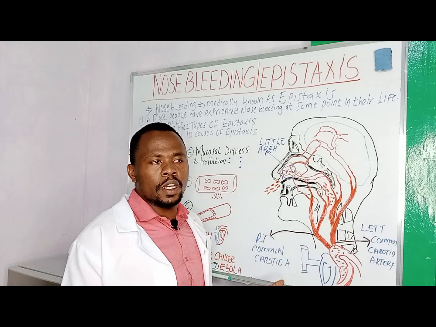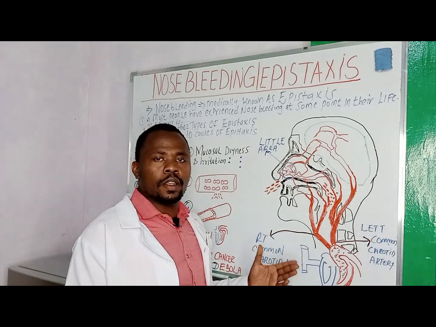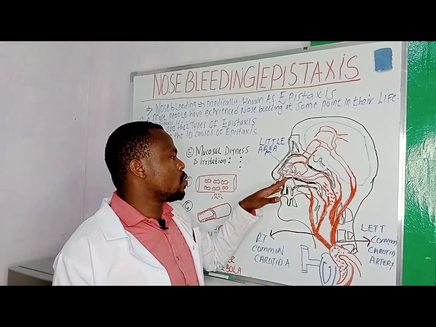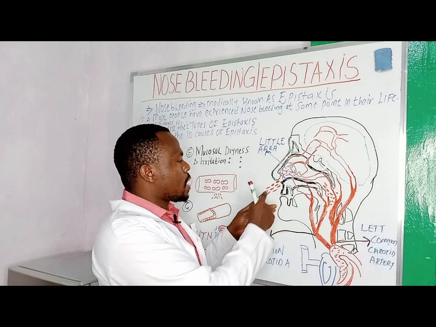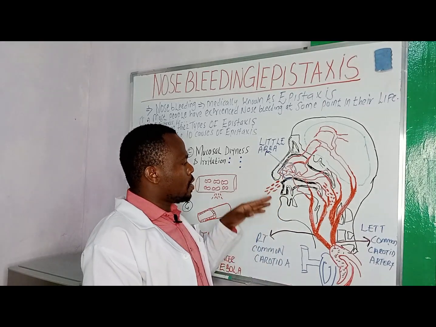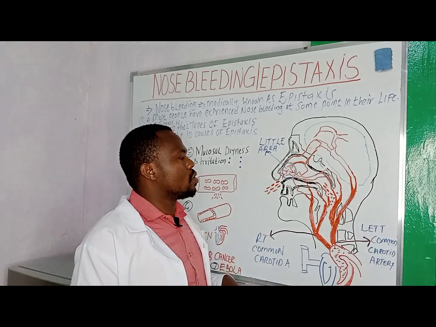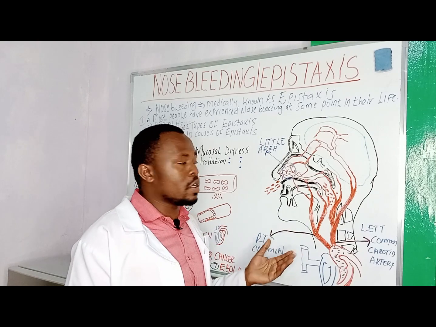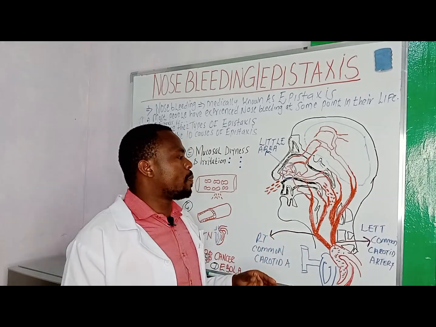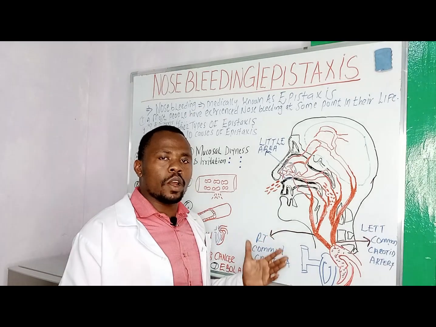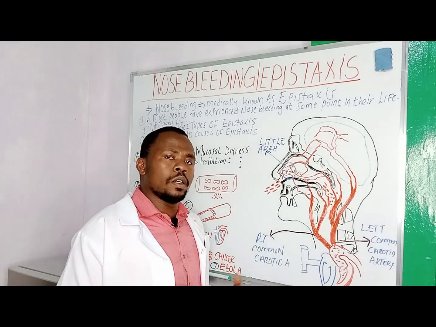It is less severe, and blood oozes from this point, this Little's area, and oozes out using the front nose or the front nostrils. Posterior nose bleeding accounts for around 10% of nose bleeding cases.